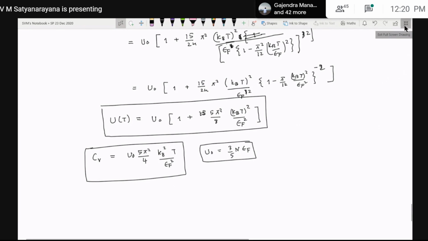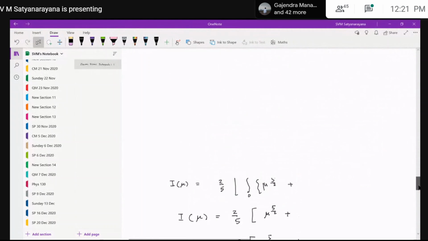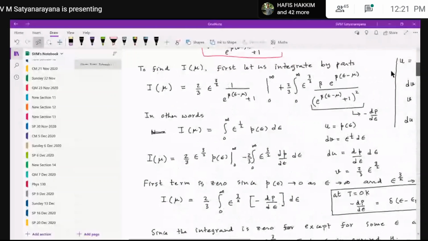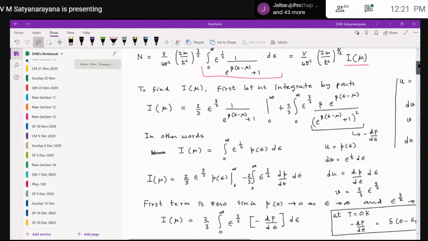So Sommerfeld expansion is a technique which is used to find the properties of ideal Fermi gas, and that is what we tried to discuss today.